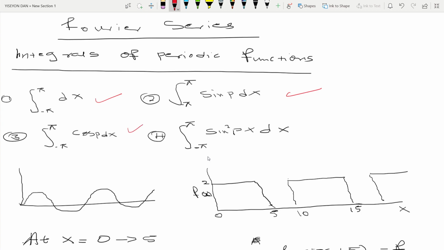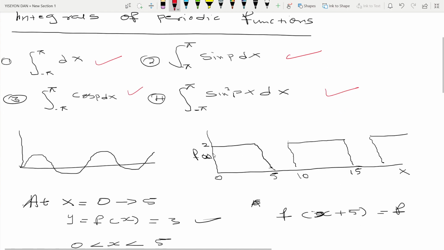Now we are discussing a very important concept of the periodic function. When we say something is periodic, it simply means that it is moving in a sinusoidal way. This is a sine graph actually, so it is periodic in nature, right?